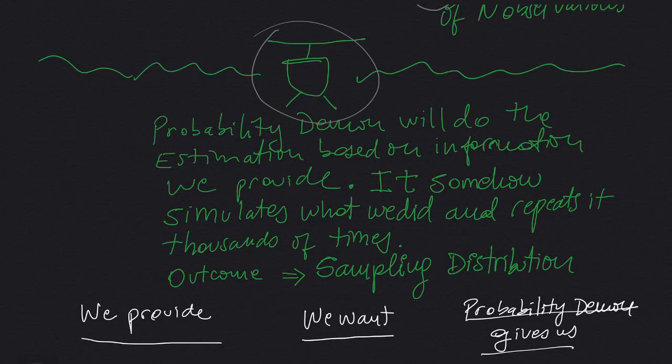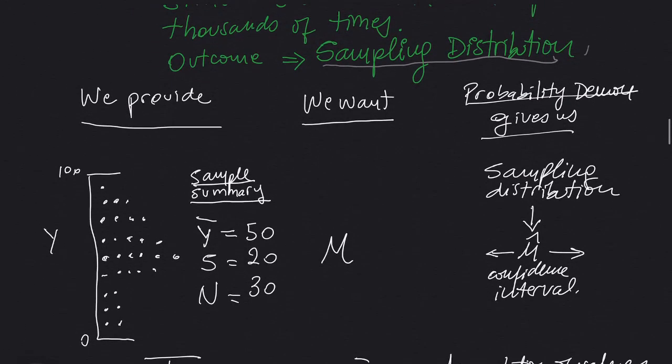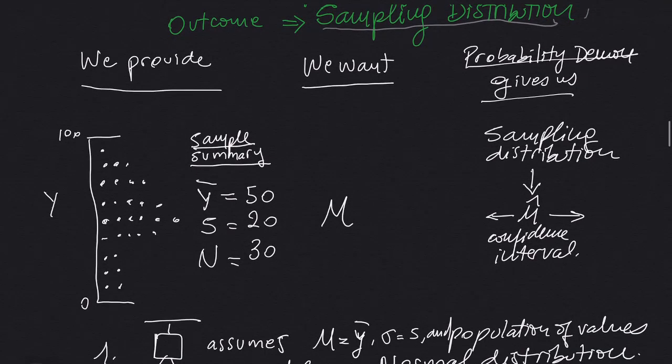It somehow simulates what we did and repeats it thousands of times. The outcome of what the probability daemon does is a sampling distribution. So we have to provide to the probability daemon a summary of our sample.